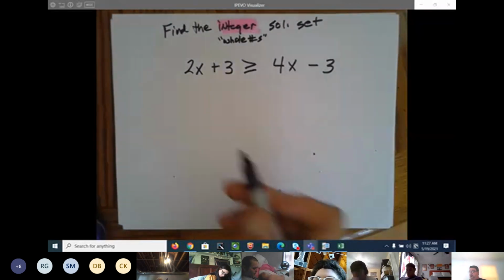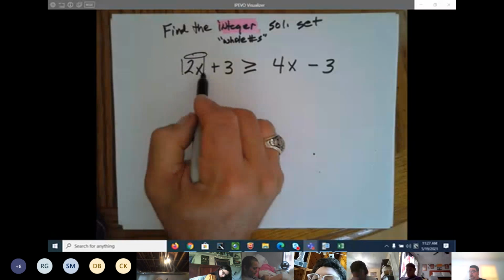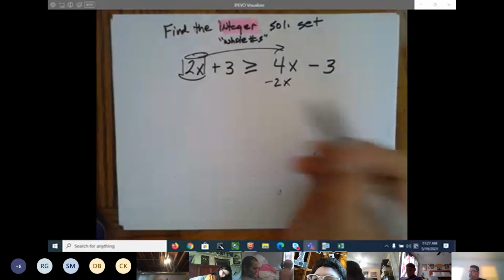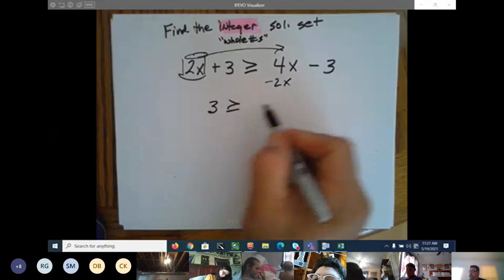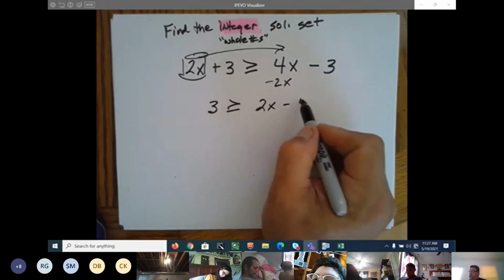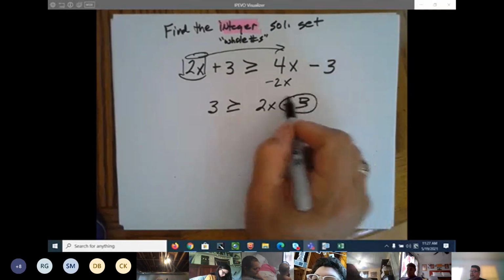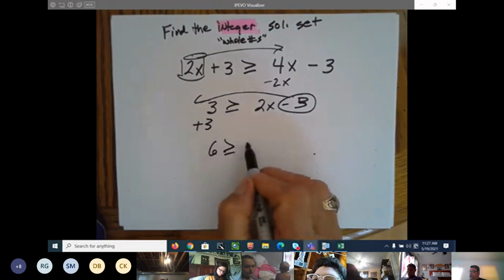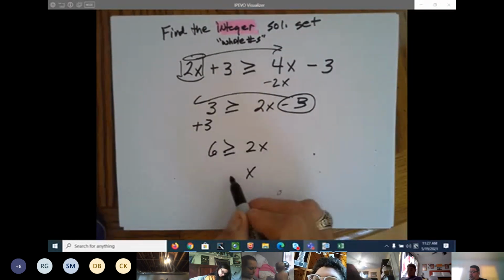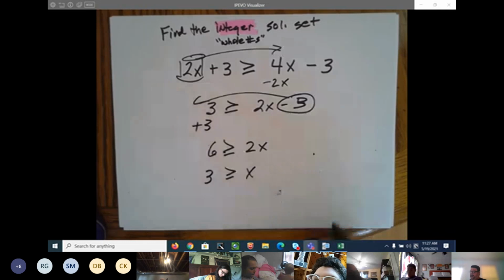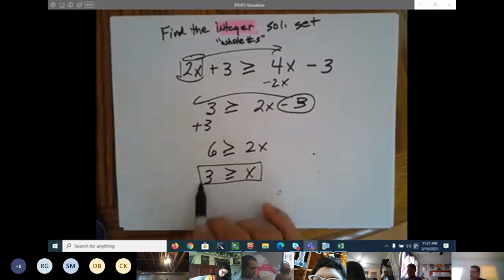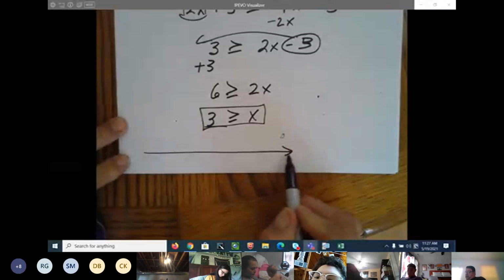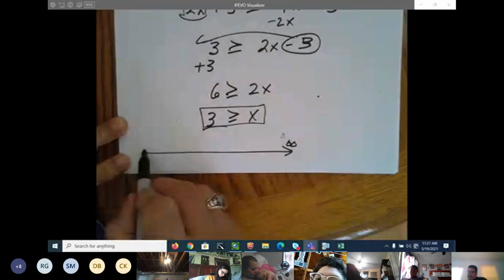So you solve it the same way. Take it across the river. Take the negative 3 across the river. X is less than or equal to 3. Draw your number line. This is positive infinity.